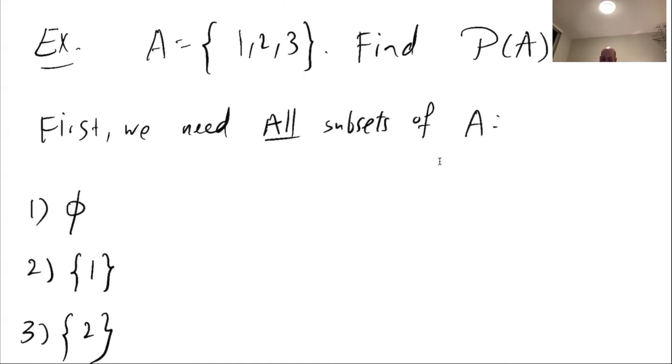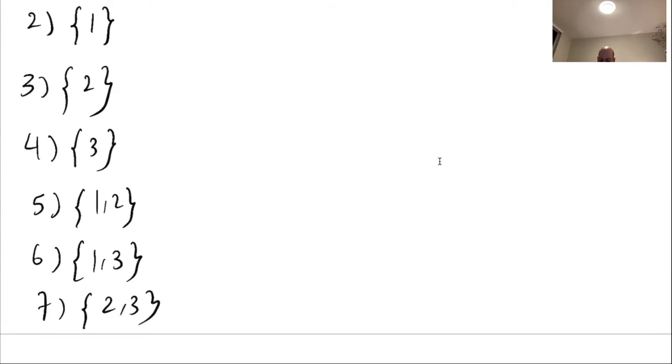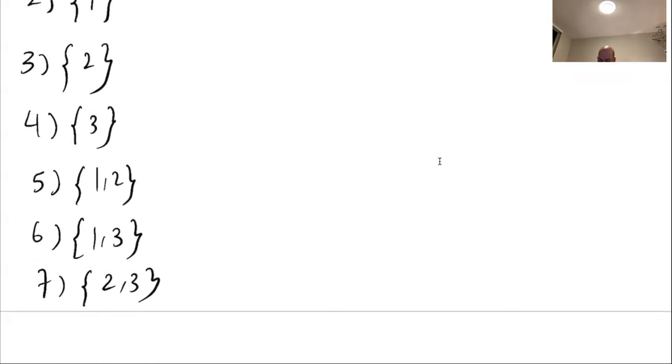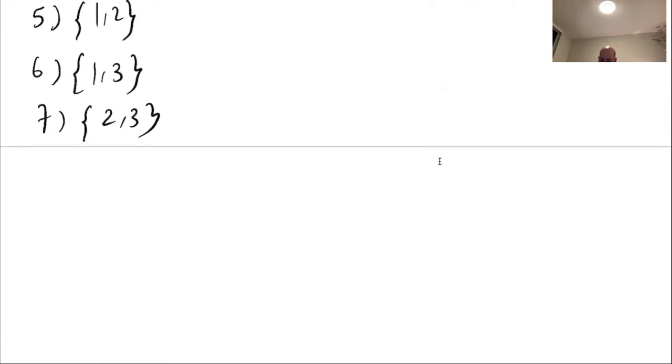What else is a subset of A? 1 and 2, for example. 1 and 3. 2 and 3. And one more, right? What else is a subset of A? So write 8 here. I can write maybe down, the whole A, {1, 2, 3}. The whole A is also a subset of A.